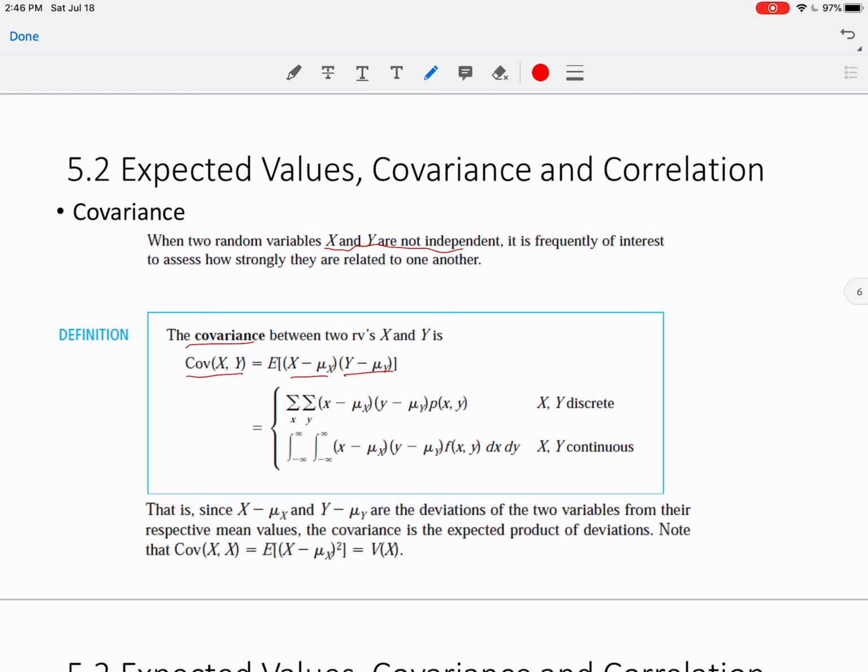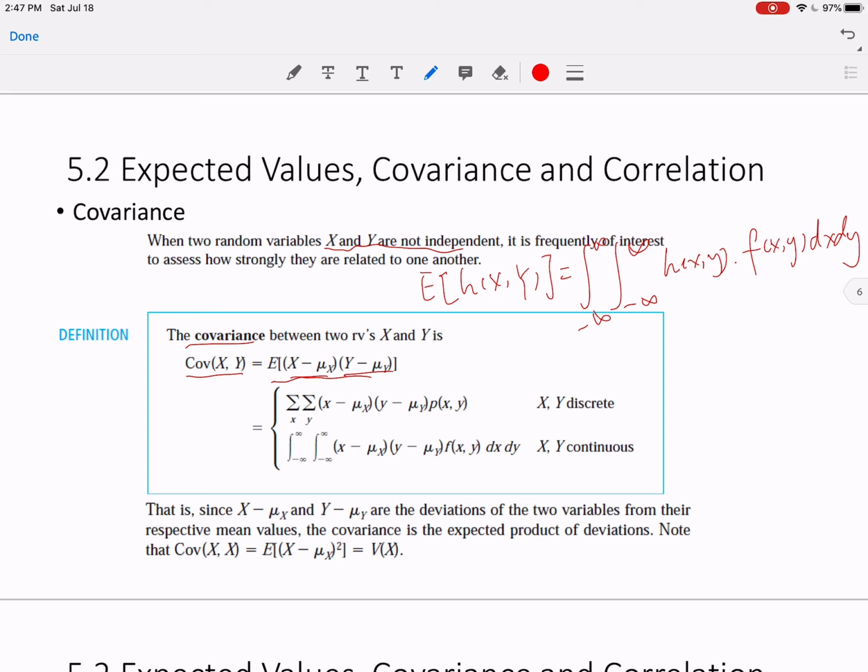Since this is an expectation, based on what we learned in the previous video, the expected value of h(X, Y) is equal to the double integral from negative infinity to positive infinity, from negative infinity to positive infinity, of h(x, y) times the joint PDF dx dy. Of course, this is for X and Y continuous.